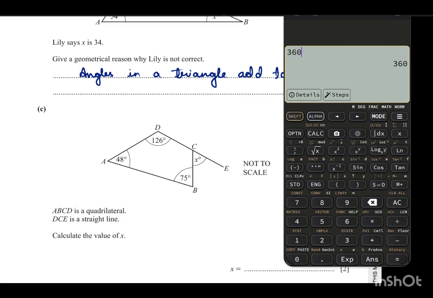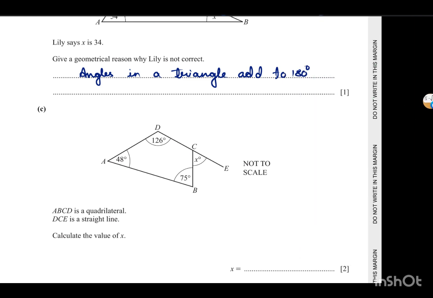So 360 minus, add all the angles, 48 plus 126 plus 75, is 111. So write that first. 360 minus 48 plus 75 plus 126 is 111. So that means this is 111.